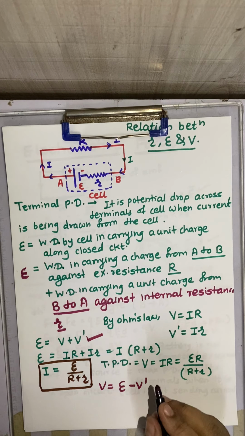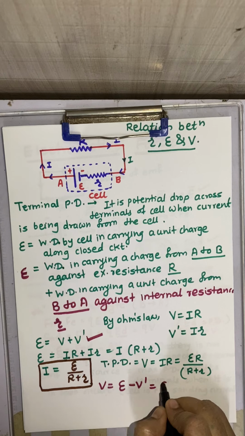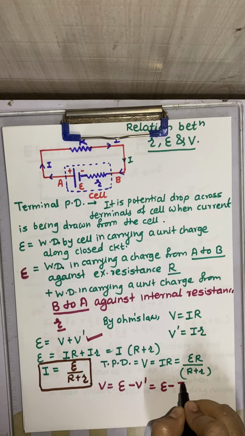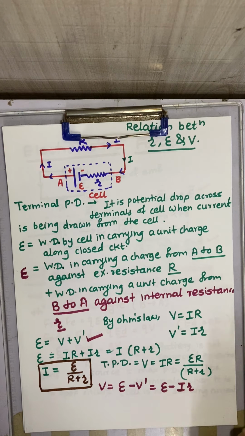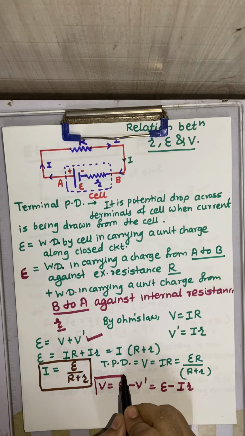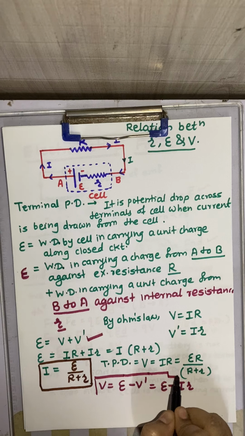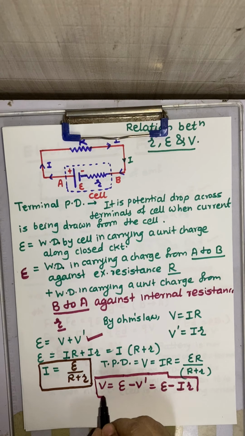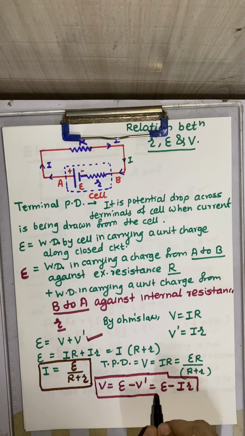So I can take it as E minus Ir, and this equation is also an equally important expression.